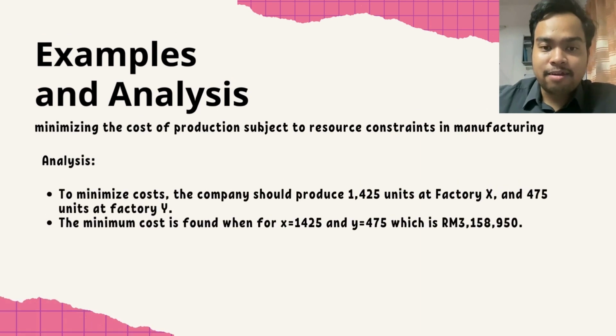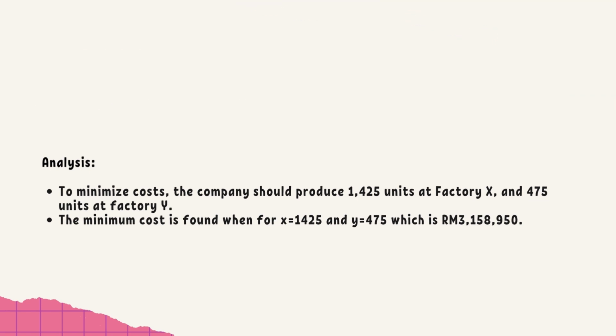After analyzing these examples, we can conclude that to minimize costs, the company should produce 1,425 units at factory X and 475 units at factory Y. Second, the minimum cost is found when X is 1,425 and Y equals 475, which is 3,158,950 ringgit. For the next example, I will pass to the next presenter.